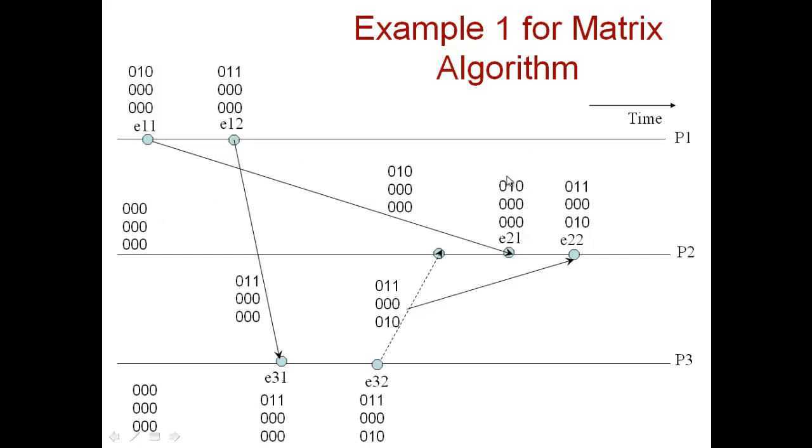Now when it compares this column with this, this is the only entry that is larger, everything else is the same. This is because P3 is sending this message, so the message which was buffered earlier can now be delivered to P2. That's the way causal ordering is guaranteed for the messages.